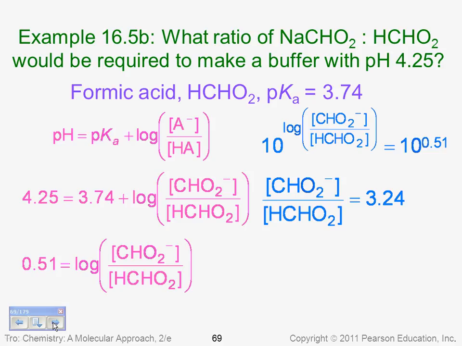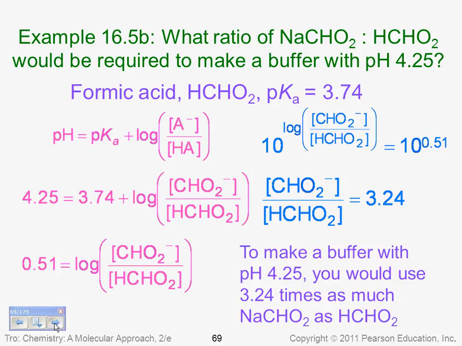Ratio needs to be 3.24 to 1. Of course, how do I get that? Anions, sodium salt, potassium salt, that's the option there. Questions on it?